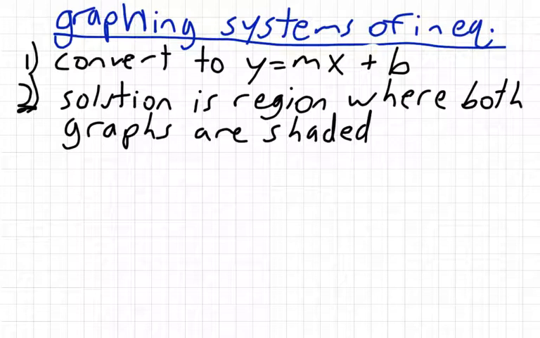Alright, so again, first step, convert to y equals mx plus b. Second step, the solution is the region where both graphs are shaded. And that's really all there is to it. So let's try an example out with that.